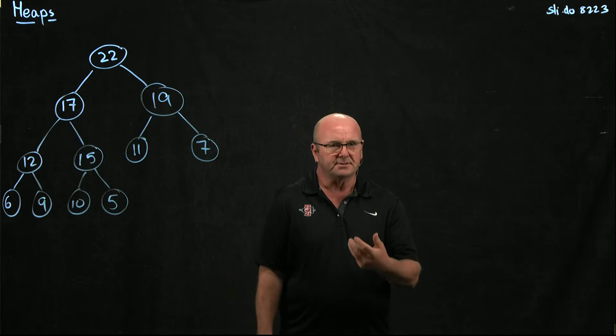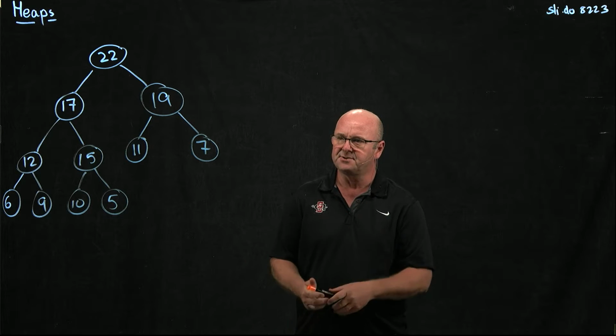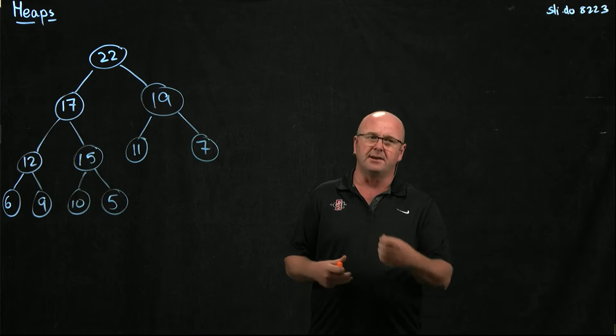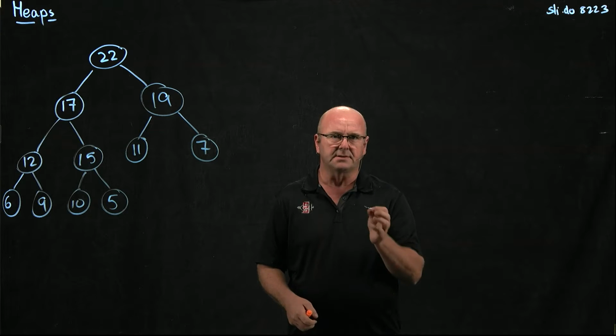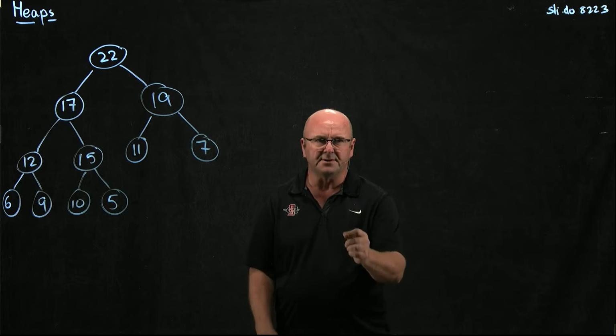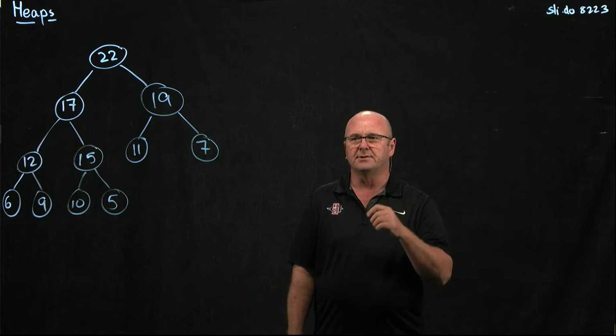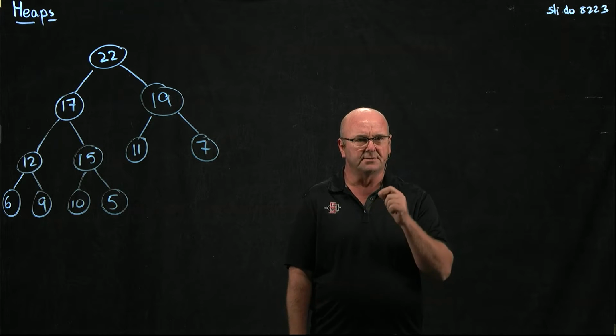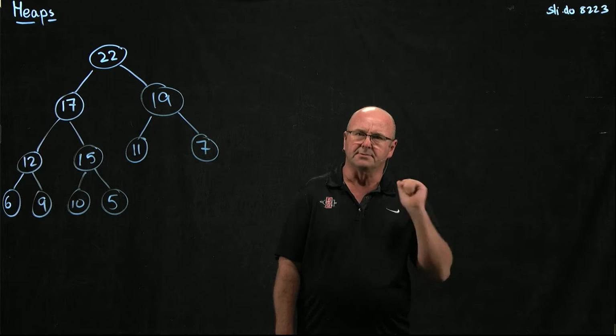And remember when we talked about traversing through trees, we talked about 4 different ways that you can do traversals. We talked about in-order traversals, where we do left, root, right. Pre-order traversals, where we go root, left, right. Post-order traversals, where we do left, right, root.